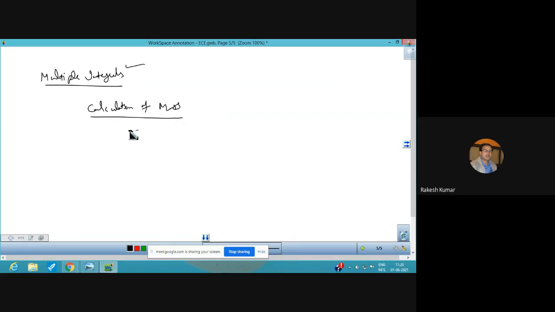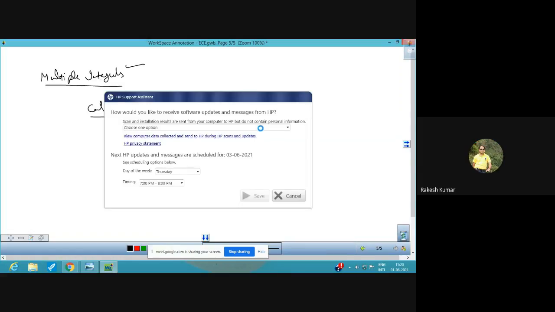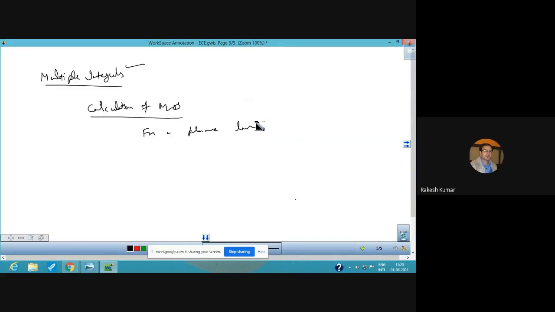Now for a plane lamina, consider a thin plate in the XY plane. Remember, a thin plate in the XY plane, two-dimensional.